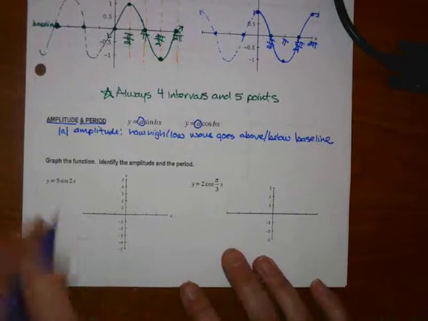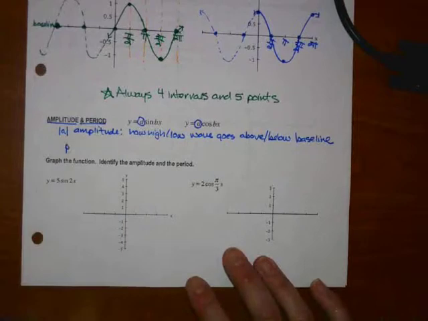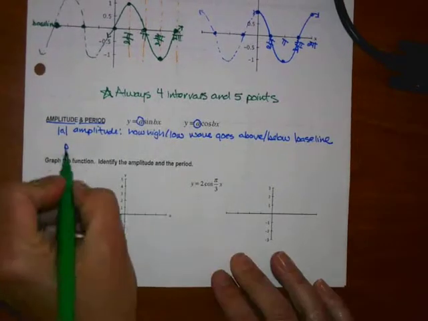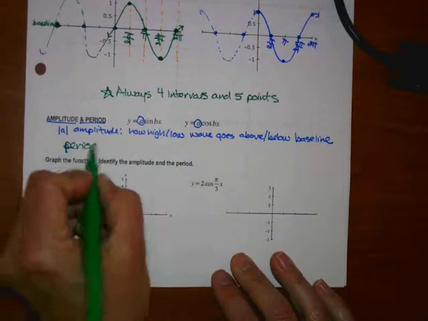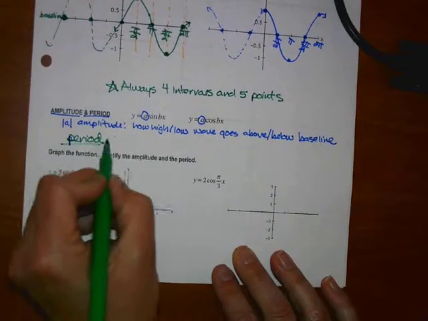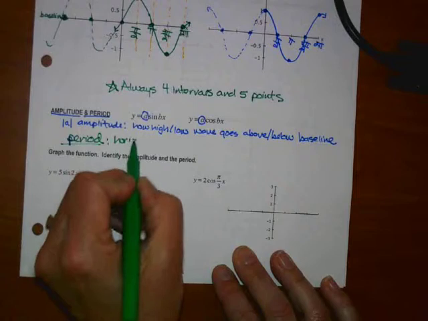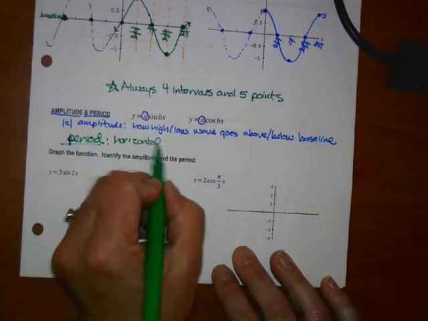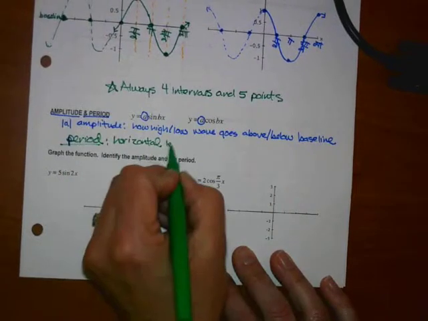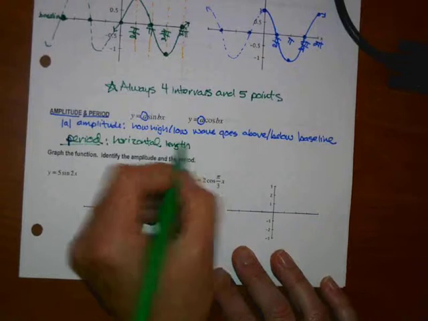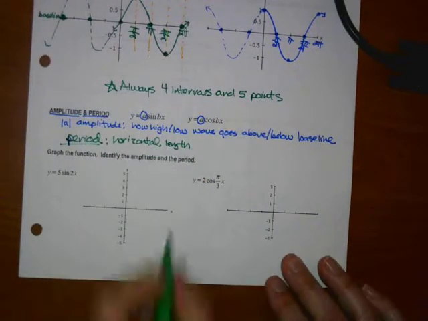All right. Period. I'll do that in a different color. It's the horizontal length of one cycle.